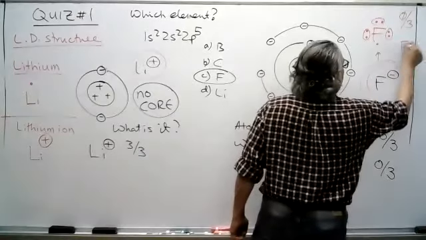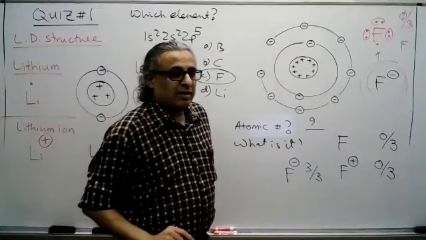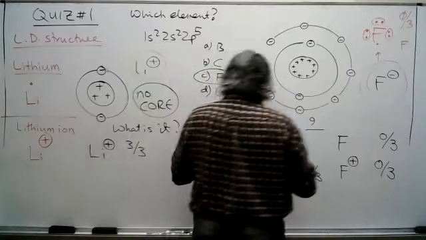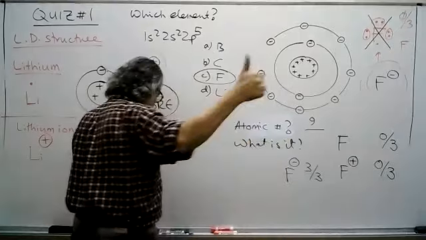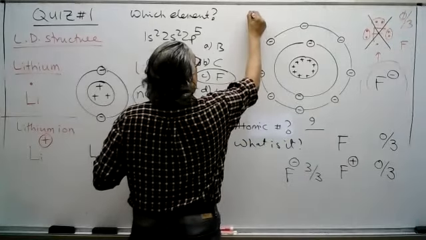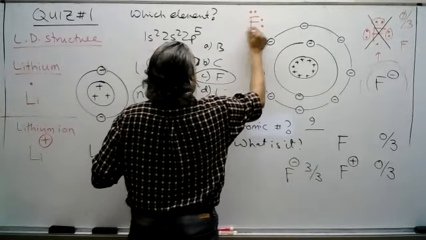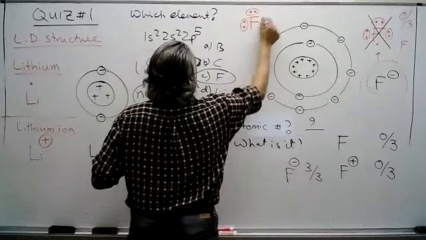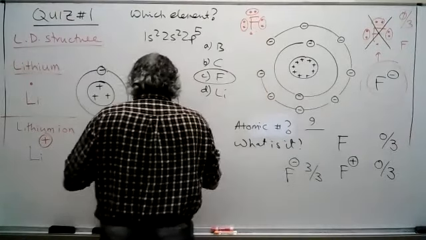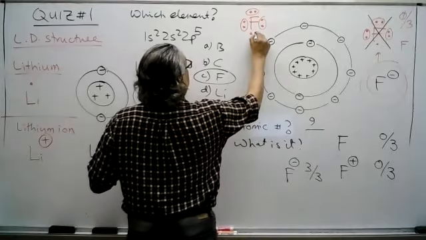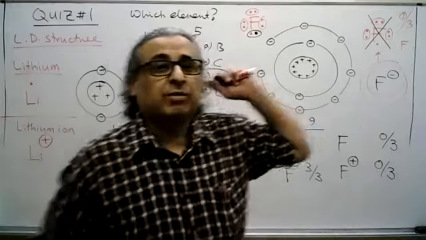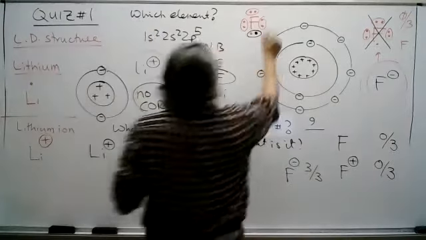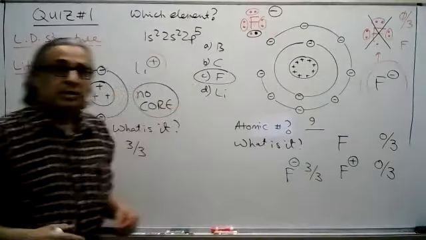No, that's not F minus, that's neutral F. So what's the problem? This is wrong. It needs just one more. Wherever it snaps from, it's got one more. It probably snatched it from the lithium. So that's correct. This is F minus. Make sense?